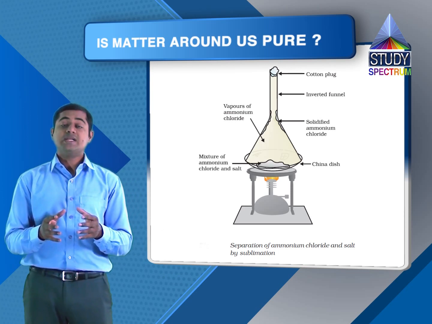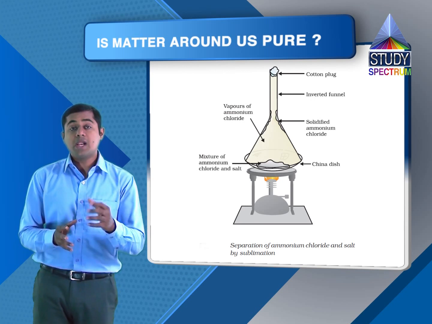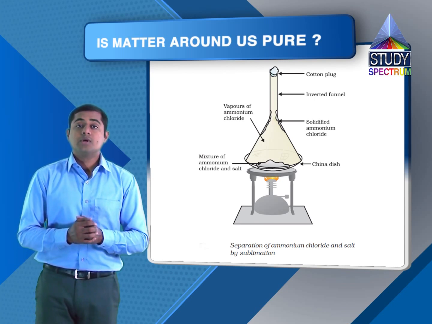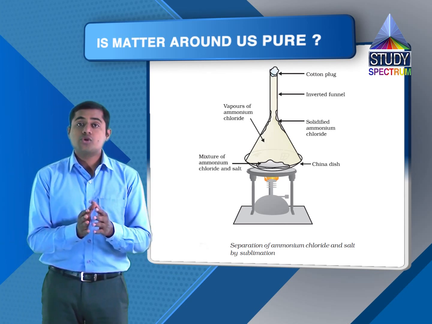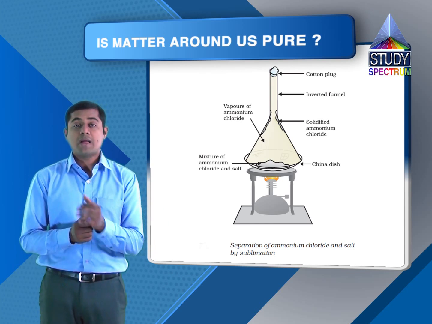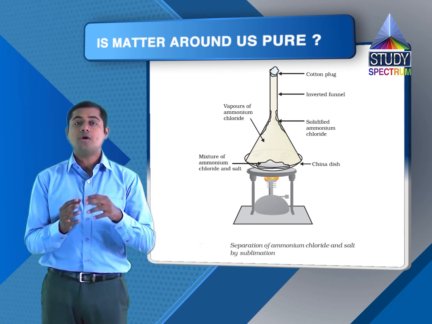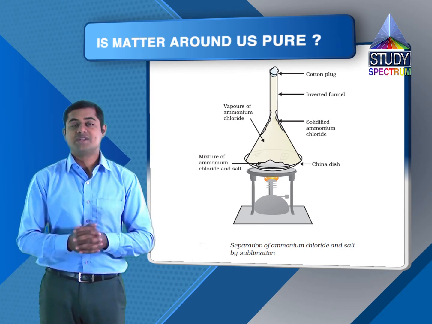We all know that there are some solids which are sublimable. When heat is provided, those solids get converted directly to the gaseous state, bypassing the liquid state. They do not melt, they directly evaporate from the solid state.